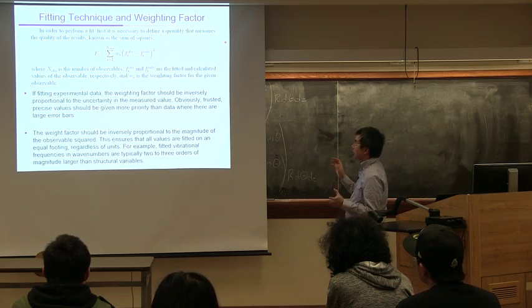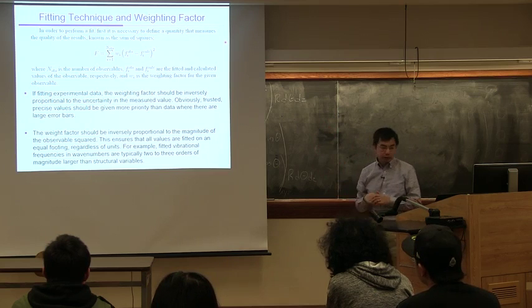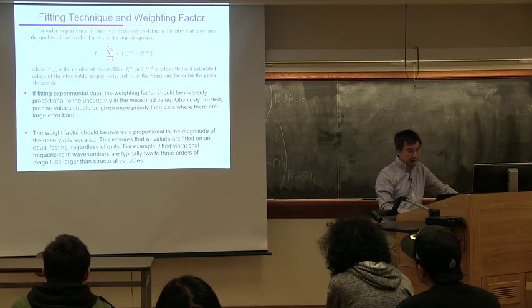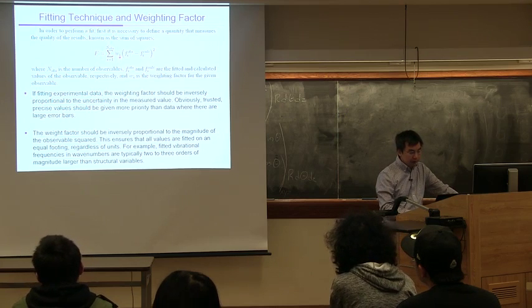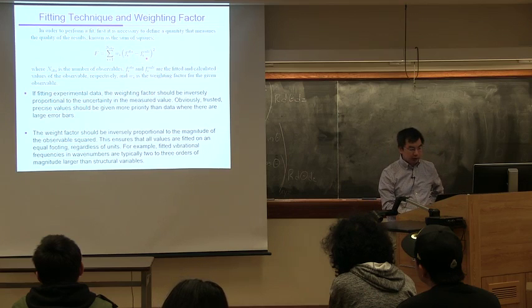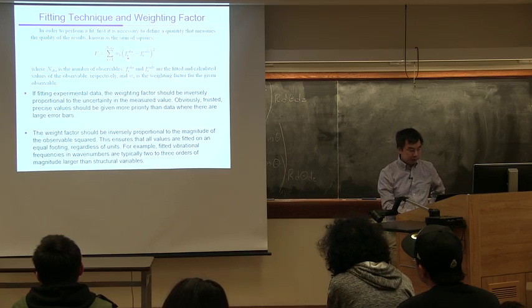Okay, then to determine the fitting quality, we need to define a quantity that measures the quality of the results, the sum of squares, right? So this F is equal to the sum from 1 to n observables. You have n observables, right? The w_i is a weighting function, F_i observed is the observed value, and F_i calculated is the calculated value, right? So a good quality potential needs to make sure that the calculated value is close to the observed experimental value, right?